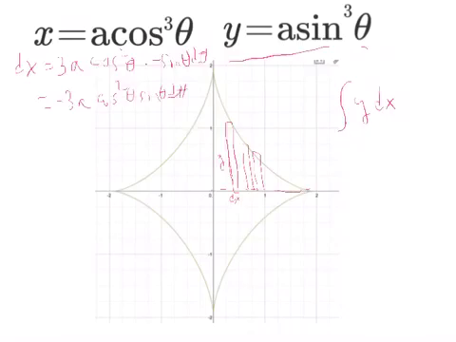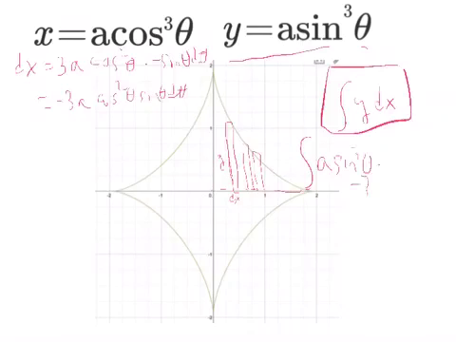So if we sub that into our equation here, this integral of y dx, we'll get the integral of a sine cubed theta times negative 3a cosine squared of theta sine theta d theta.